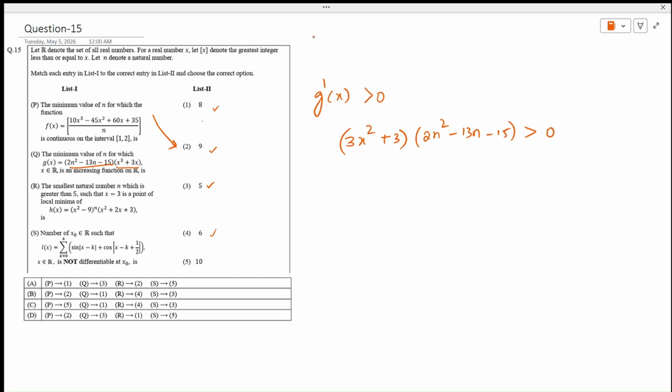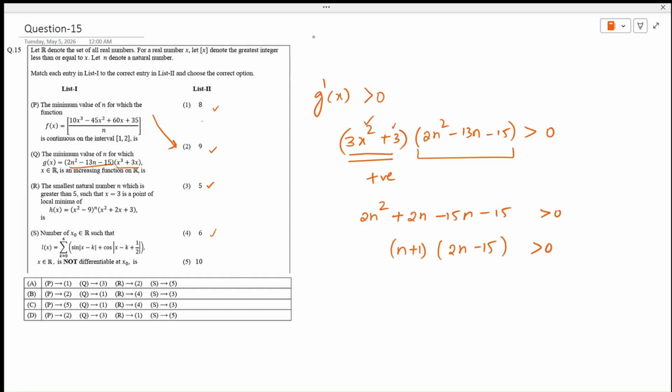So clearly this is positive always because x square is positive and this is positive, we'll get positive. So this should be positive. That means 2n square, we can write this as minus plus 2n minus 15n minus 15 should be greater than 0. So n plus 1 into 2n minus 15 should be greater than 0.